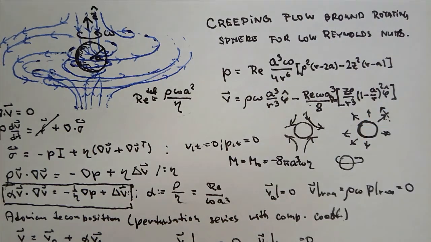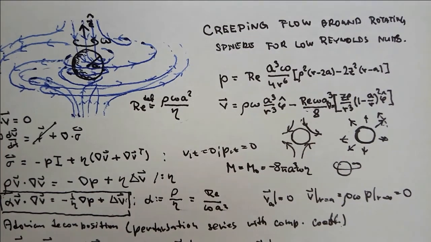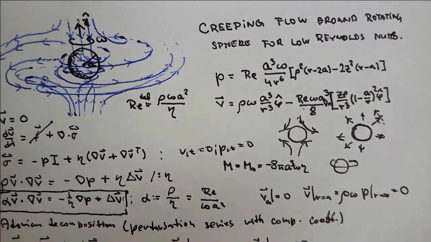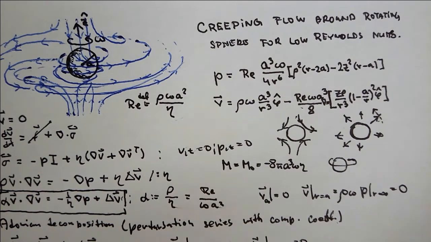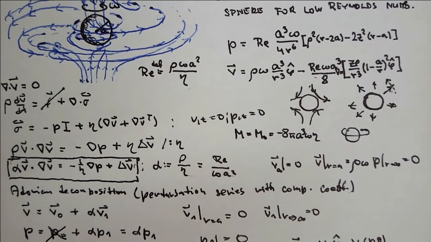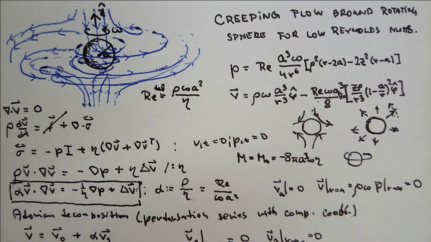There should be no forces acting on the sphere in this pure creeping flow rotating around a sphere, which is also rotated. So this is the solution for the creeping flow around a rotating sphere.